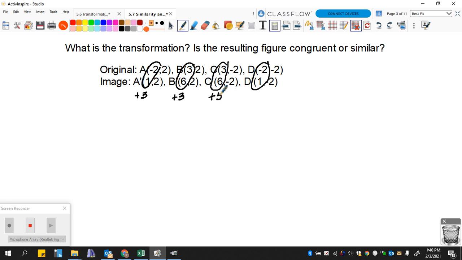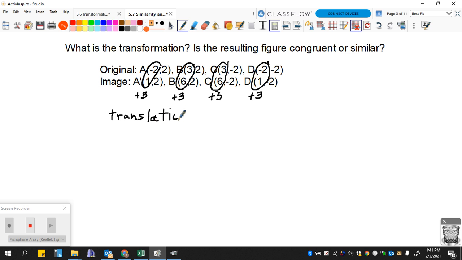Okay, so if we look at our notes from the previous lesson, we said that if you add 3 to the x coordinate, and the y coordinate stays the same, that means that we are translating to the right.